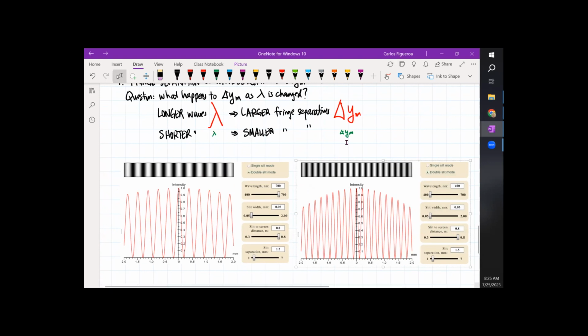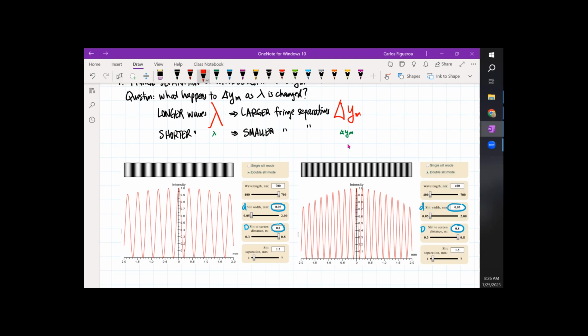For starters, look what's fixed here. This distance is big D, and you can see that big D is fixed at 0.8. Another thing to pay attention to is little d, which is also fixed. So the only thing that I'm changing here is the wavelength.